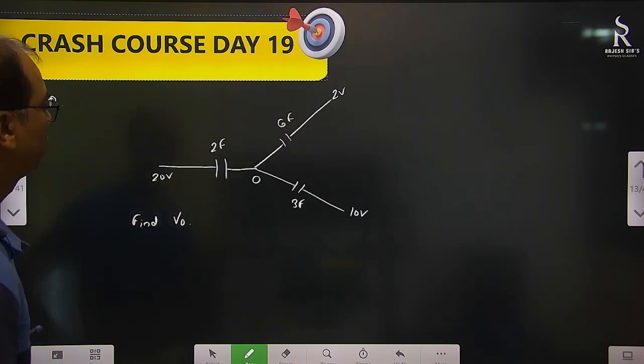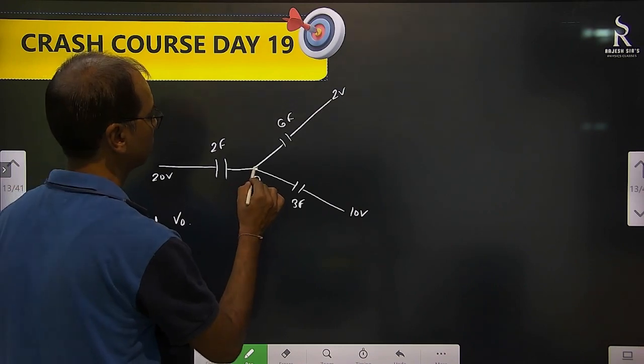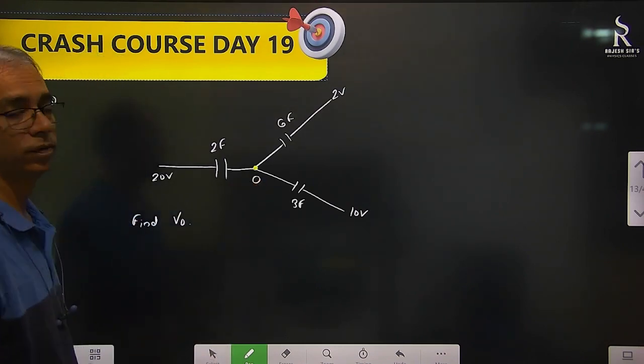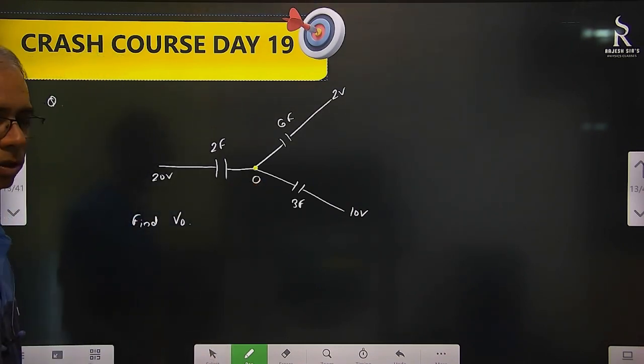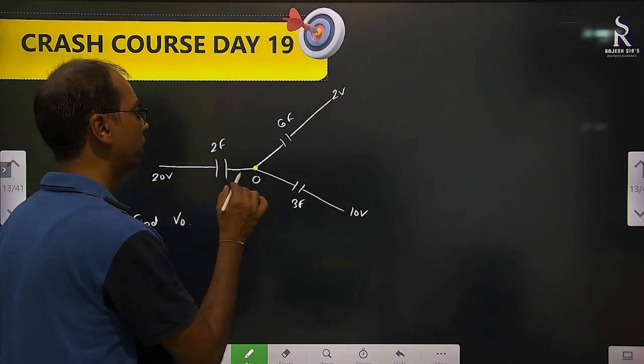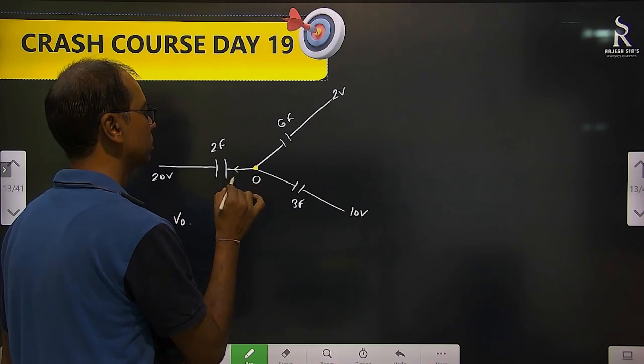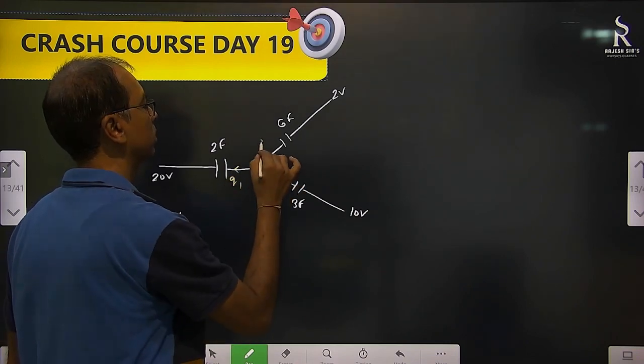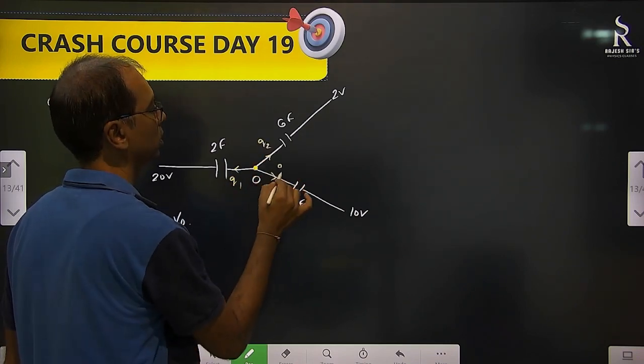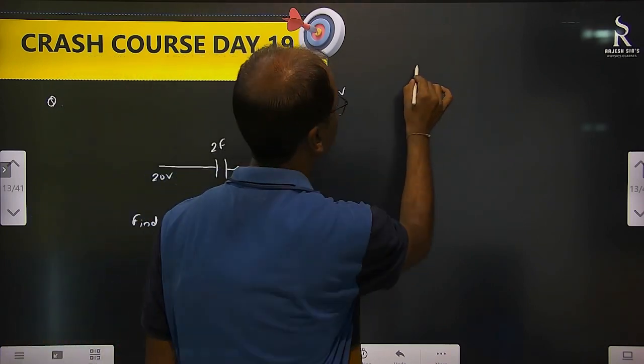Next is again a similar one. There is a junction here, and we have to find VO. In the same way, the junction law will apply. That is easy. When we apply the junction law, what are we saying? Q1 plus Q2 plus Q3 equal to 0.